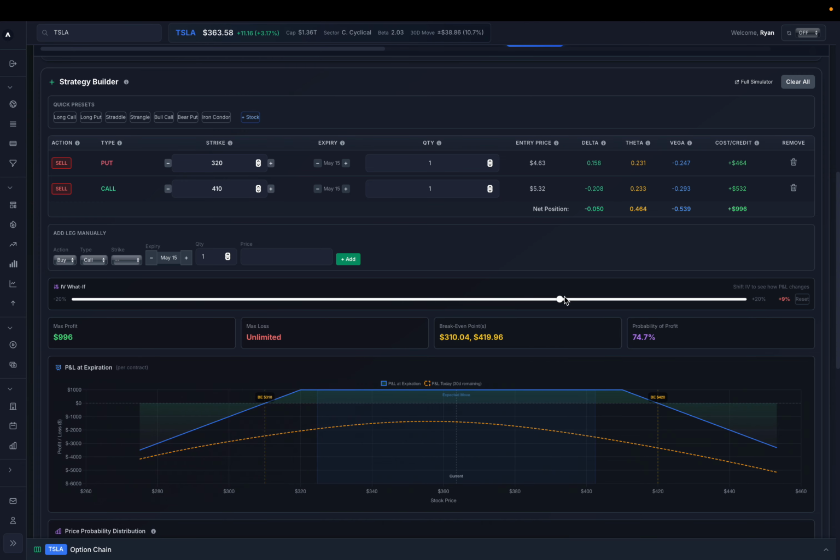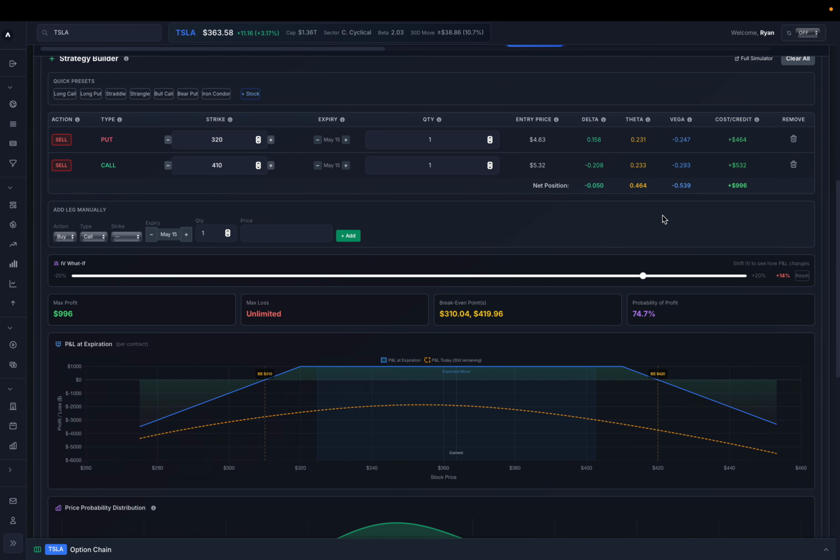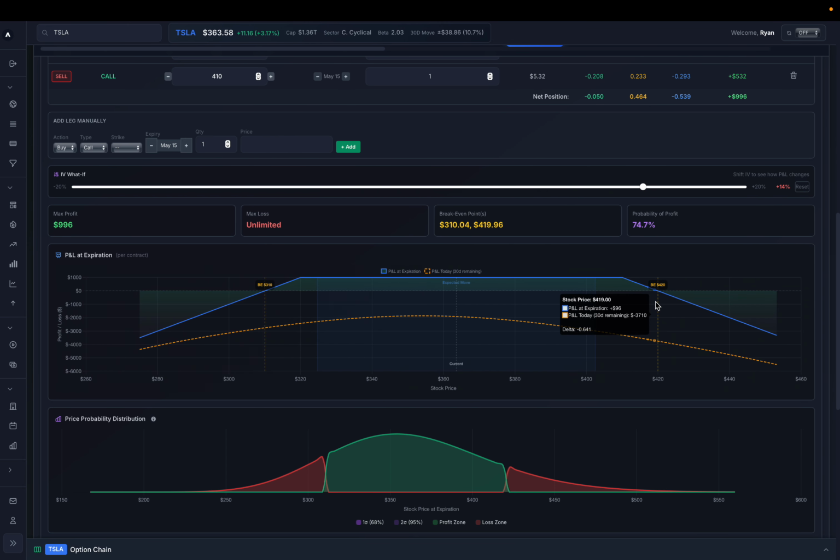So if we shift IV up, what does it look like? We can see beneath this, the line at the bottom has changed slightly. So if you change the IV, you can see how your P&L will change as days go on.